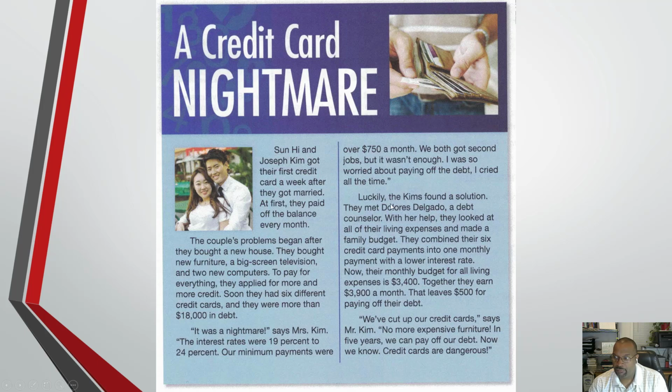I got that here. Luckily, the Kims found a solution. They met Dolores Delgado, a debt counselor. With her help, they looked at all of their living expenses and made a family budget. They combined their 6 credit card payments into one monthly payment with a lower interest rate.